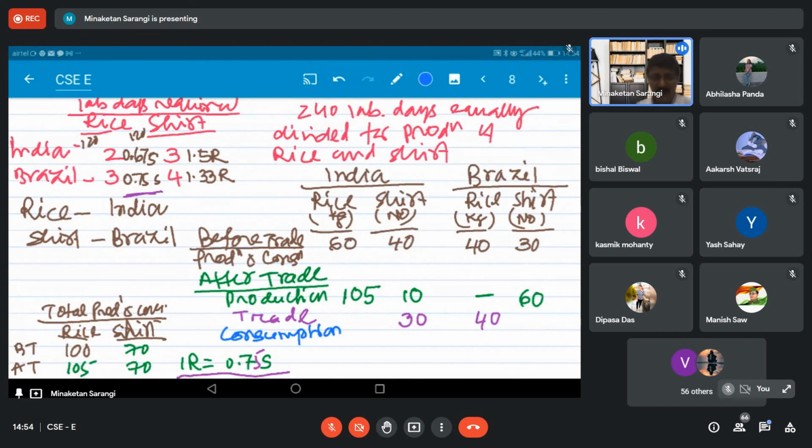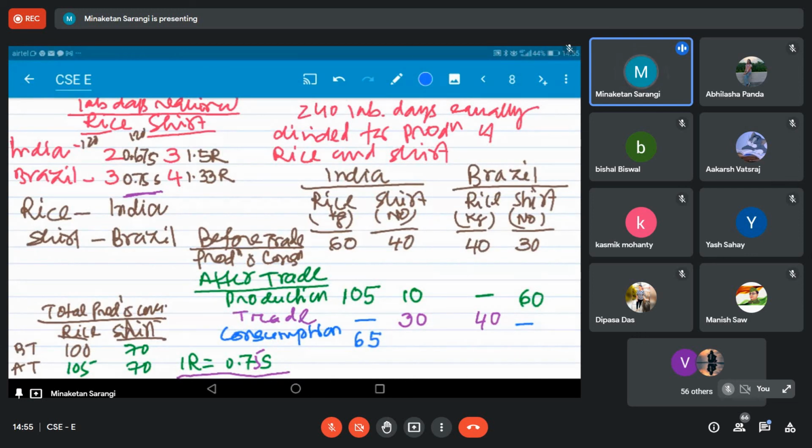Out of the 105 kg of rice, India is selling 40 kg. So how much is available for consumption? This will be 65.